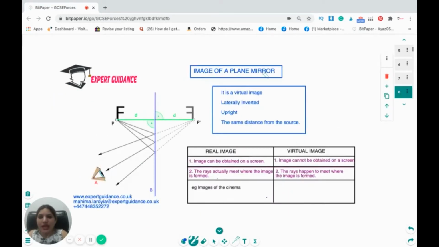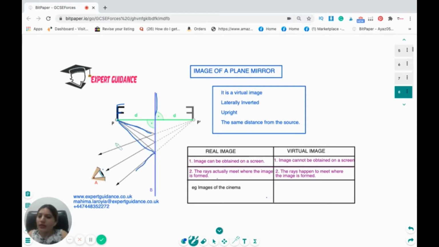Now you should also know how to make the image in a plane mirror. So this is a plane mirror, and let's say this F is an object which is at a distance D. Now the light will come from F and then it will be reflected. So at various places, the light will be reflected and reach your eye.